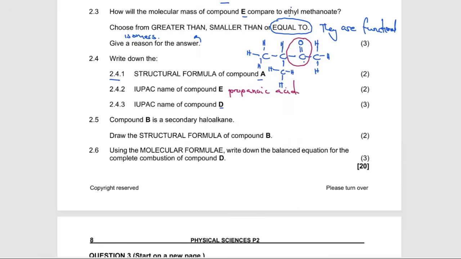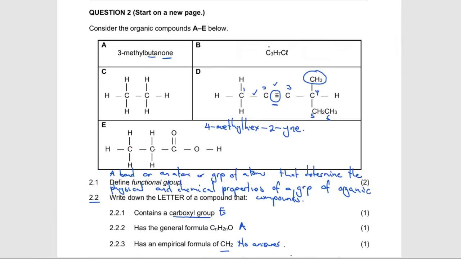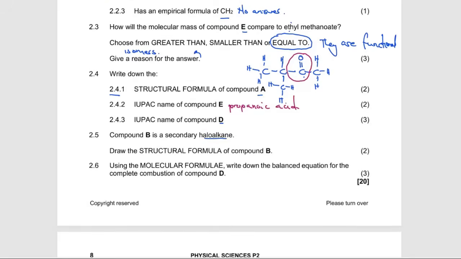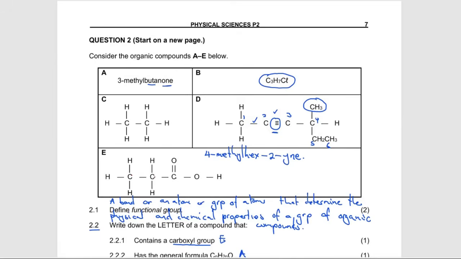Then moving on to 2.5, it says compound B is a secondary haloalkane, right? So we're having this one as a secondary haloalkane, right? Then after that, draw the structural formula of compound B. So we're looking for the structural formula of compound B, right? I'm going to draw it at the top there. How many carbons do we have according to this? We're having 3 carbons: carbon number 1, carbon number 2, and carbon number 3, right?